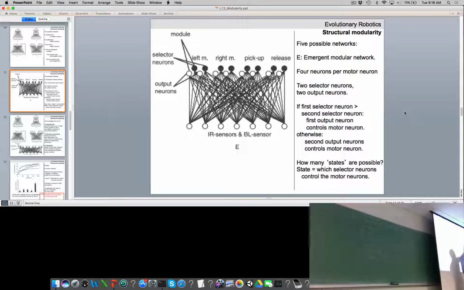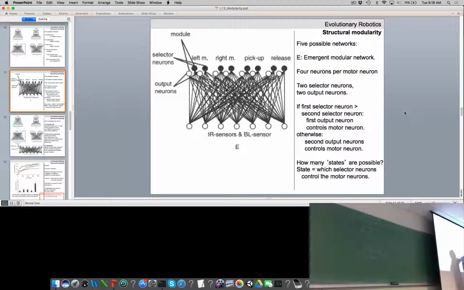Either left is greater than right, or right is greater than left. Let's ignore the slim probability that they're ever actually equal in value. So let's determine this as 0 when left is greater than right, and as 1 when right is greater than left. So this can either be 0 or 1. Same thing here, same thing here, same thing here.